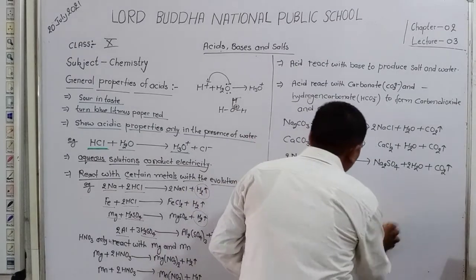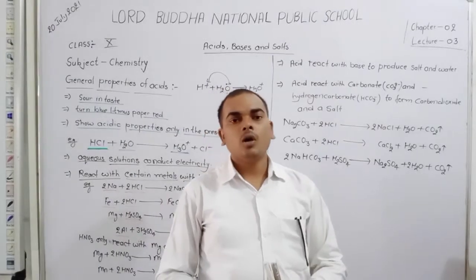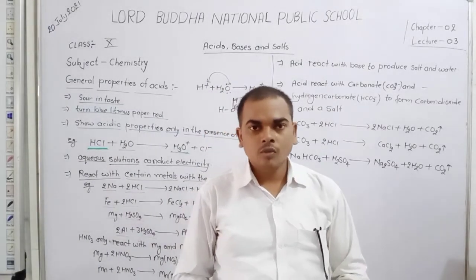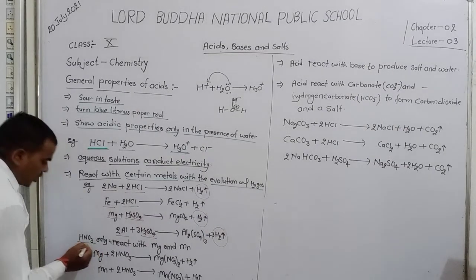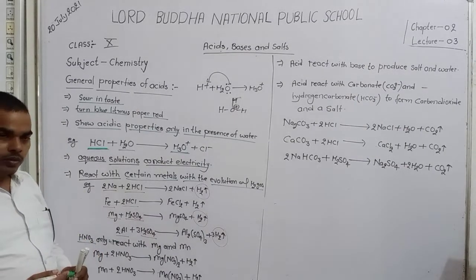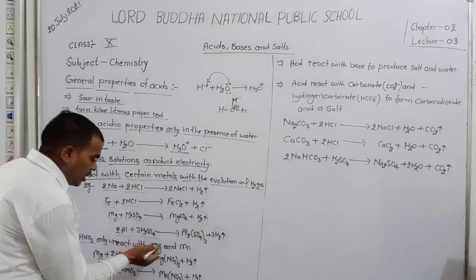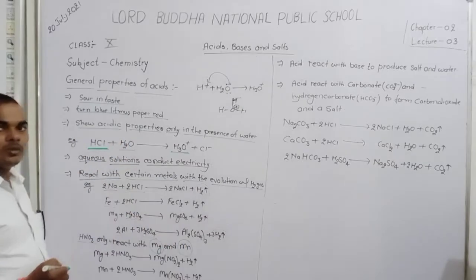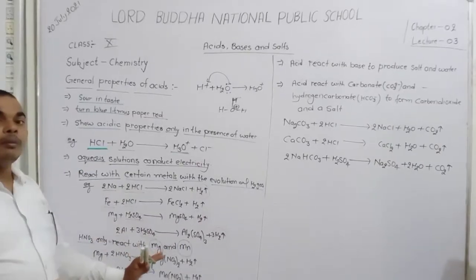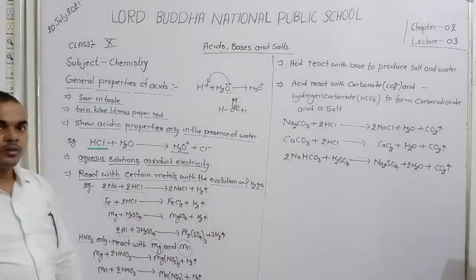Dear student, all acids do not react with all metals. For example, here HNO3. HNO3 is an acid, but it does not react with all metals. It reacts with only magnesium and manganese metals.